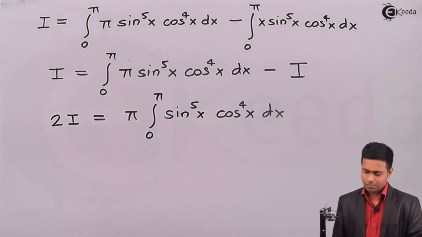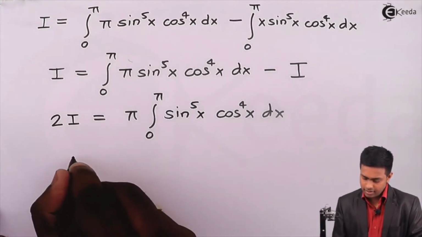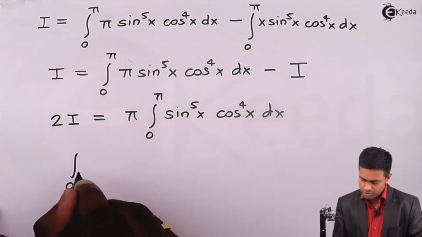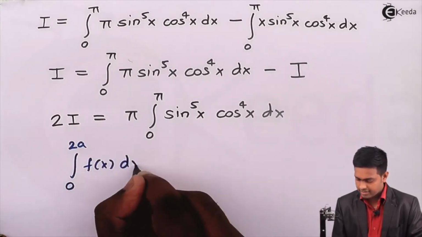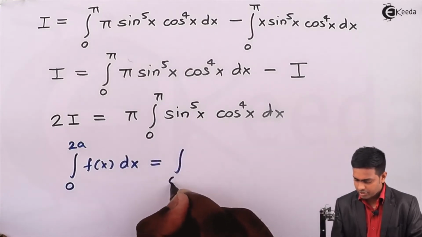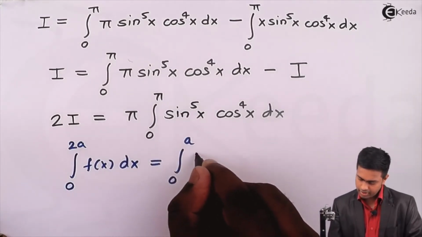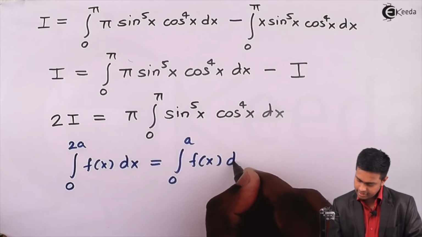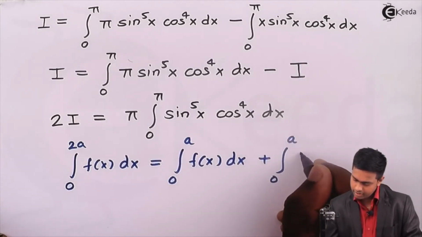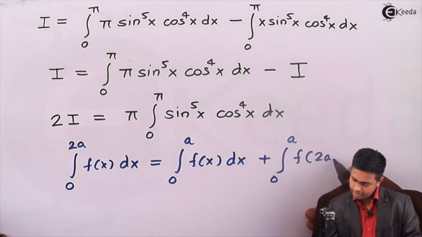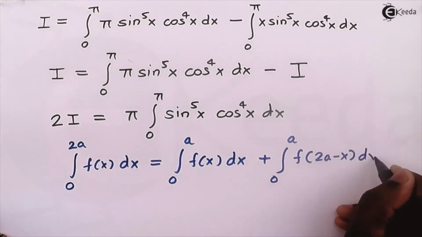The property is like this: the integration from 0 to 2a of f of x dx is equal to the integration from 0 to a of f of x dx plus the integration from 0 to a of f of 2a minus x dx.